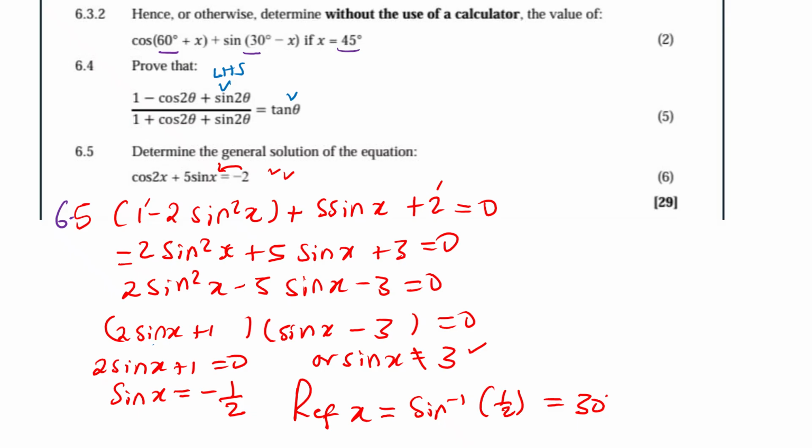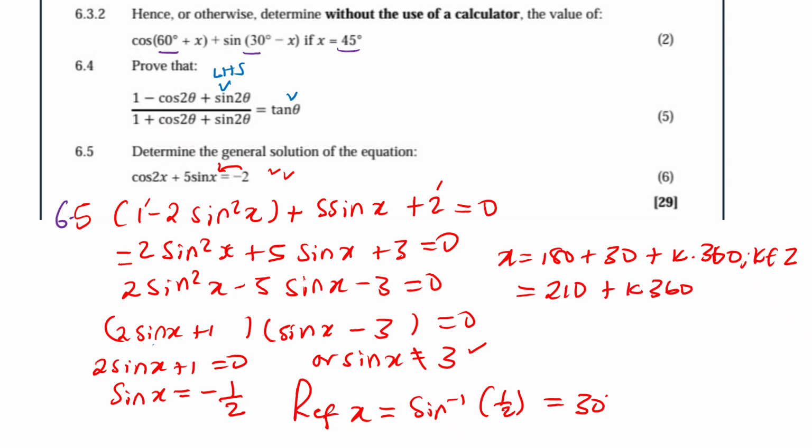Therefore, now we can say x is equal to 180 plus 30, right? Plus k multiplied by 360. Don't forget to write k is an element of Z. Therefore, now we'll have 180 plus 30 is equal to 210 plus k 360, k is an element of Z. Therefore, now or we can write our solution as x is equal to 360 minus 30, right?